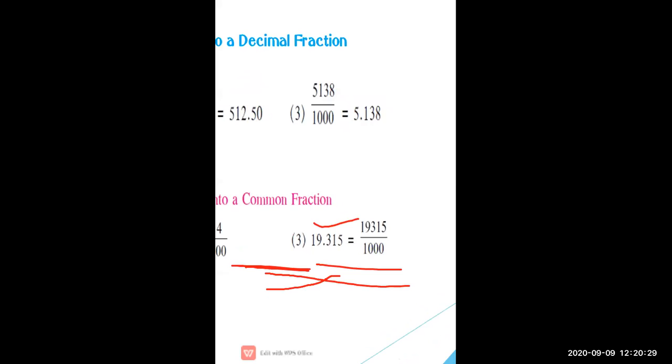You just give me the answers. It is mixed up, decimal fraction also, common fraction also. See the question and give me the answers. My question is, I have written 5 upon 10. What will be the answer?